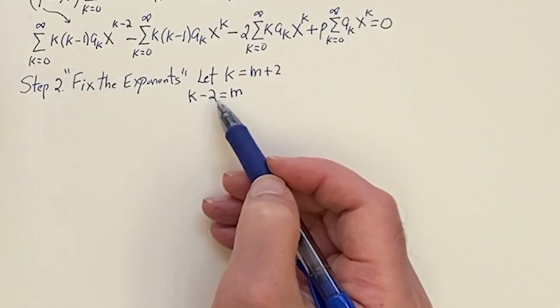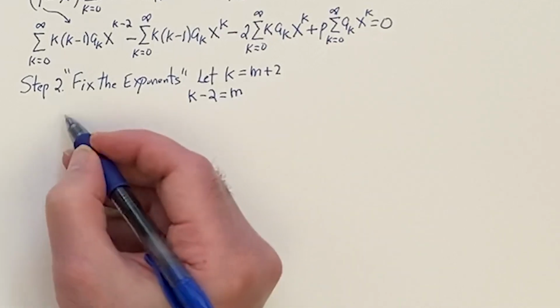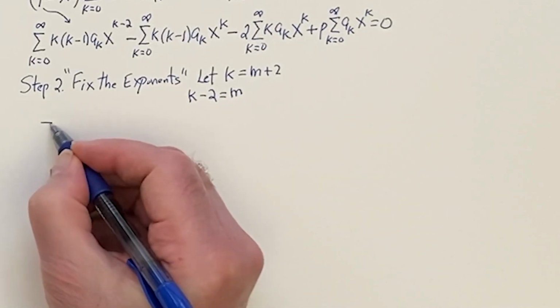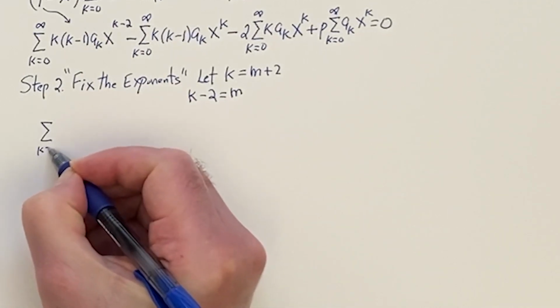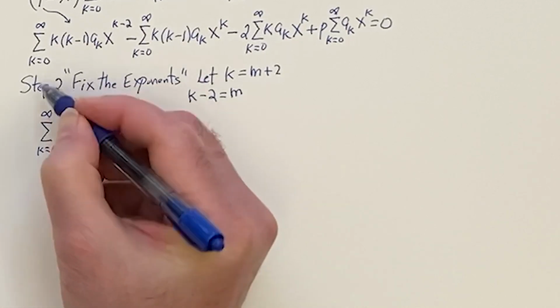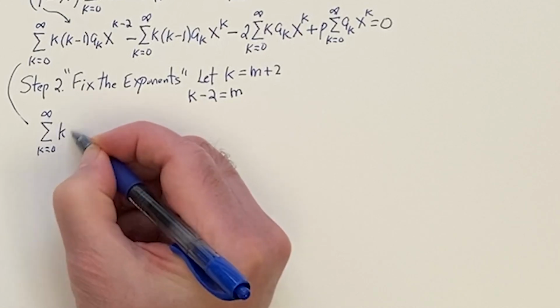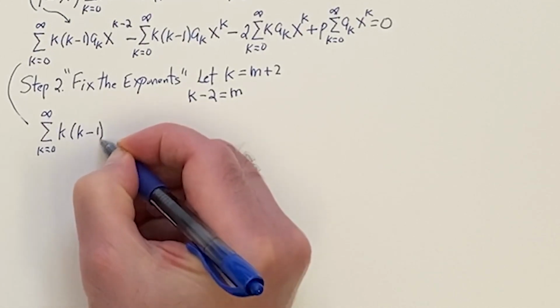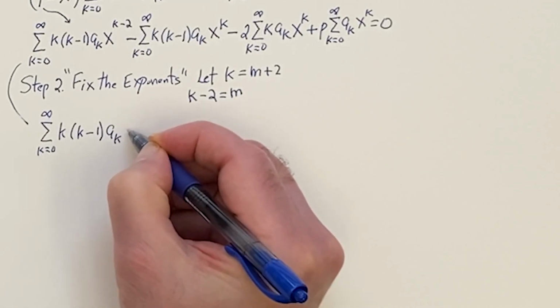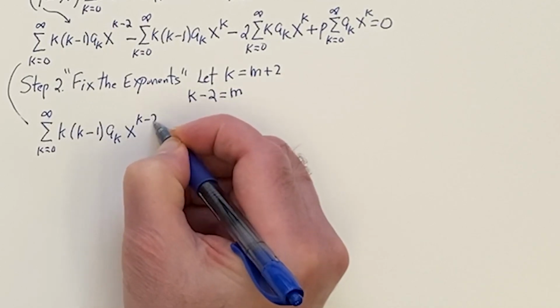And if I call that k minus 2 an m, then here we're going to say k equals 0 to infinity. This first term here will have a k minus 1, an a sub k, and an x to the k minus 2.